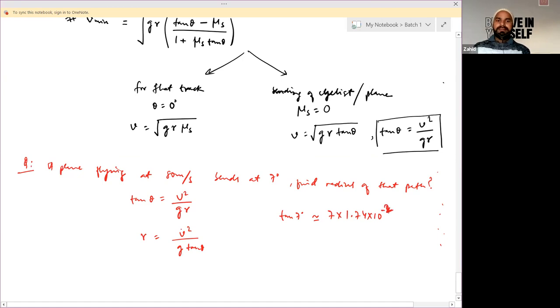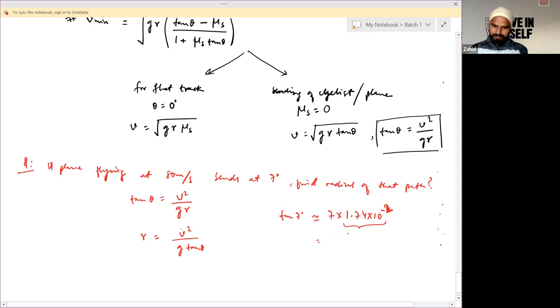Since in this part theta is very small, we can write tan theta equals theta, and theta must be in radians. That's why I have multiplied by 1.74 to convert degrees into radians.